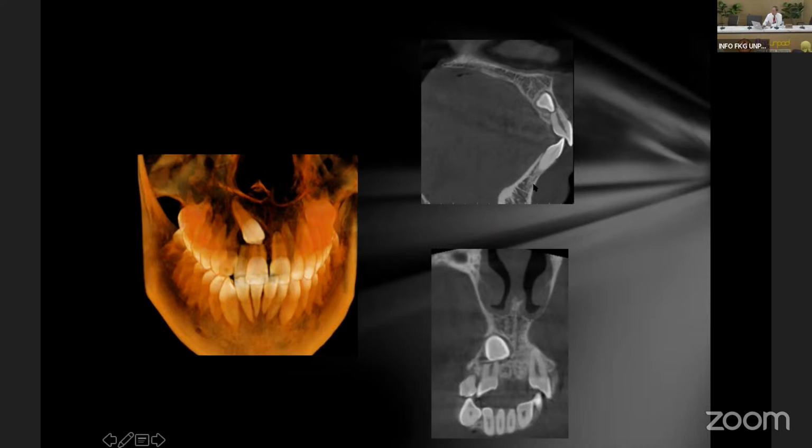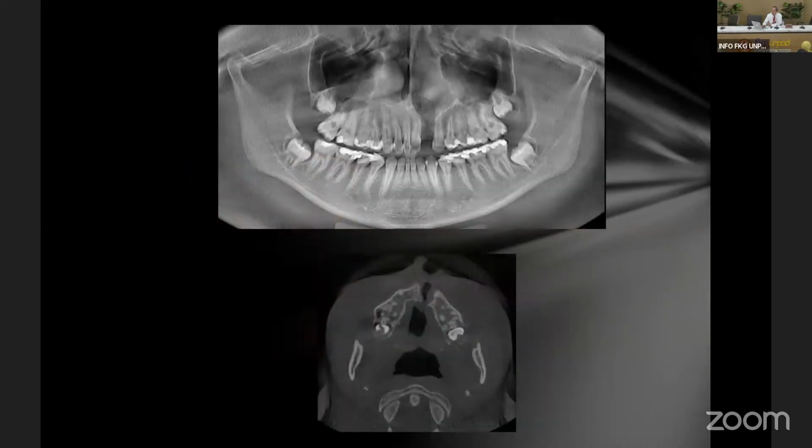With the cone beam we can see the impacted canine, the impacted tooth in the jaw. And this is a patient with a cleft palate. Certainly the cone beam can show how much bone loss there is, helping you to do the orthodontic treatment planning.